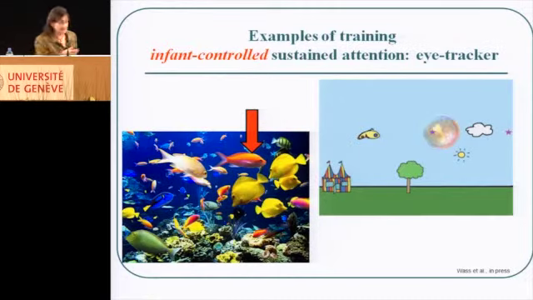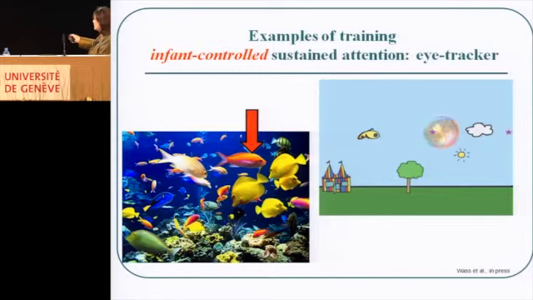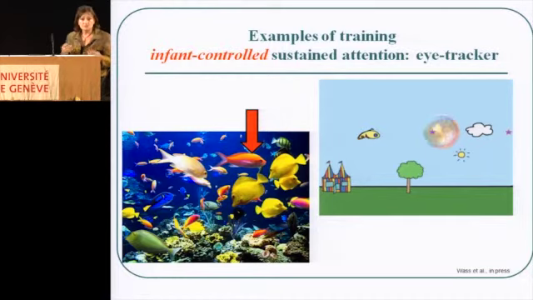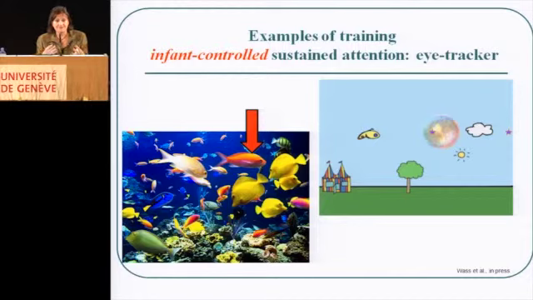So here's a couple of very quick examples. We train: the baby sees a nice aquarium, and every time the baby's eyes, so we use an eye tracker, every time the baby's eyes fixate on this particular fish, everything starts to move dynamically. As soon as they move their eyes away from the fish, it freezes.